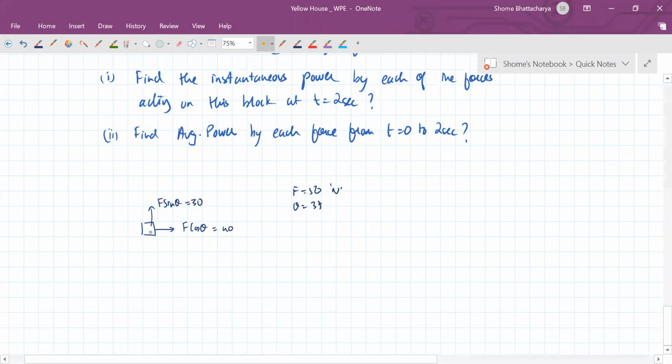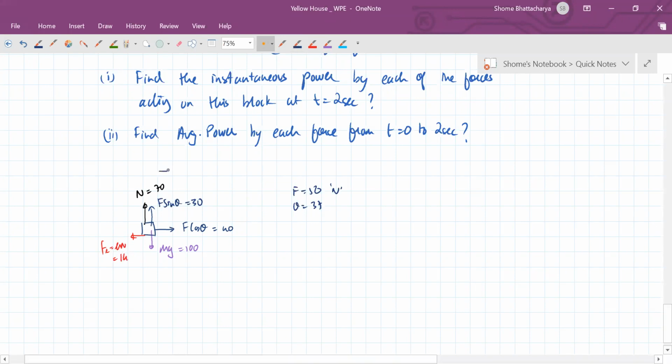Then the weight of the object was 100 newtons, 10 kgs. Okay. So the normal reaction will become 70 newtons, and that means the kinetic friction acting will become 0.2 into 70 or 14 newtons.